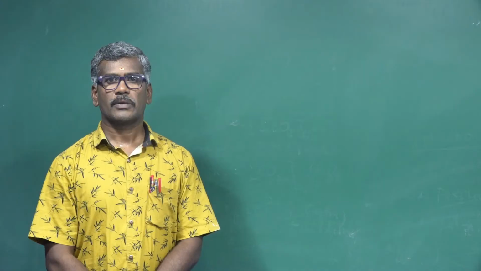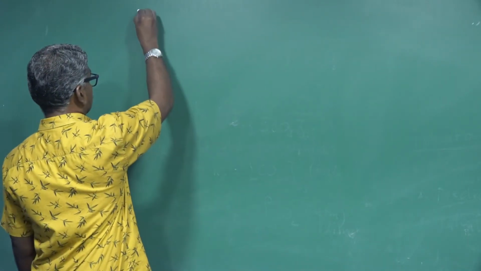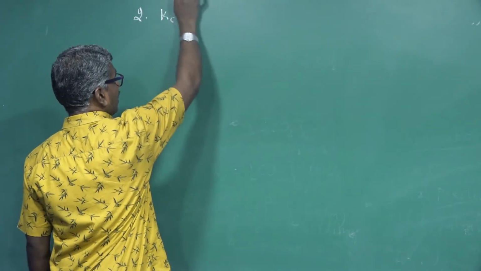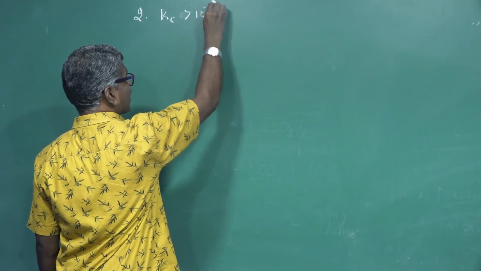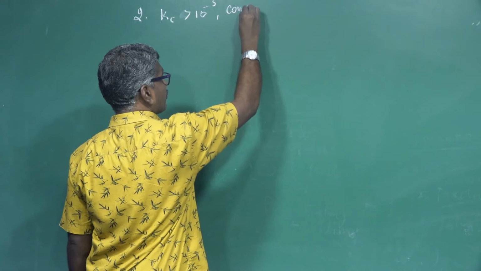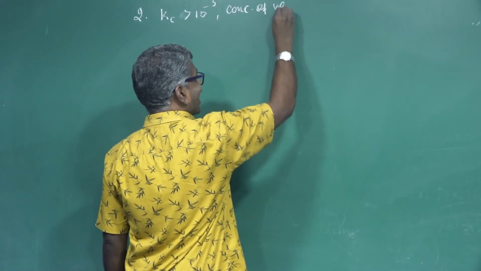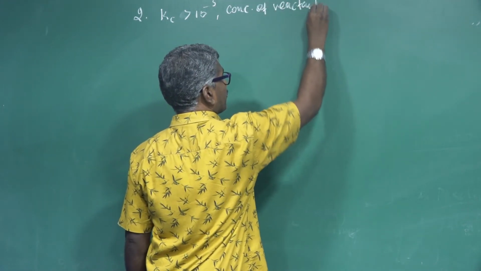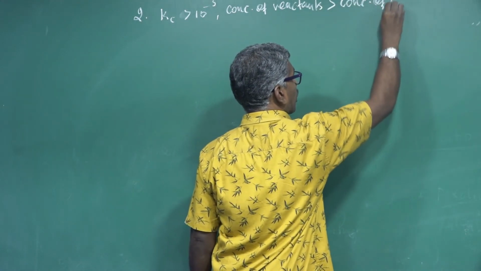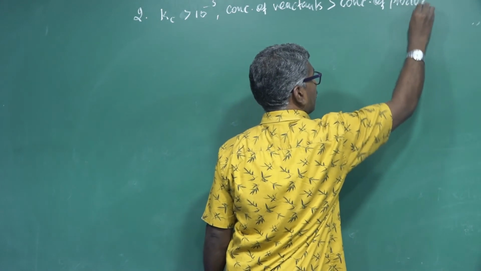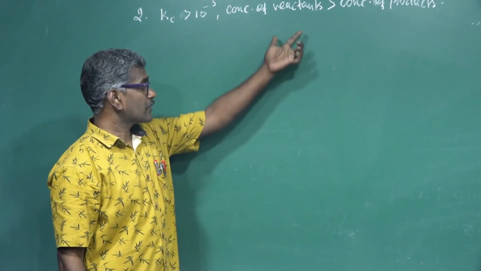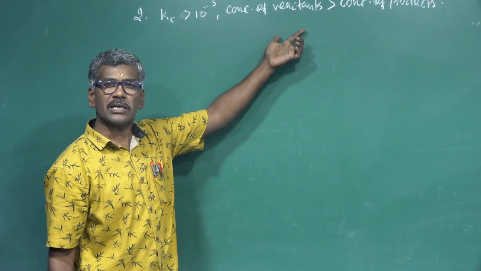Another, second example. Point number 2: Kc is less than 10 power minus 3. Here the concentration of reactant is greater than the concentration of products. The reaction has more tendency to form the reactant side.